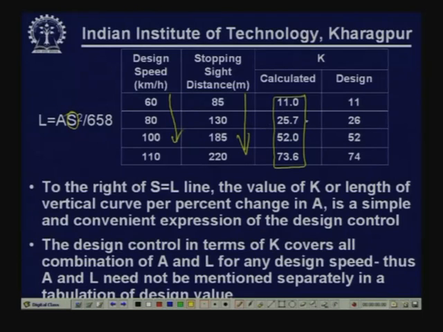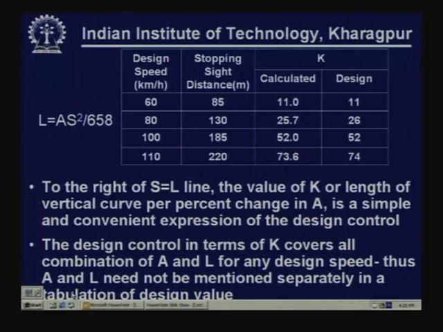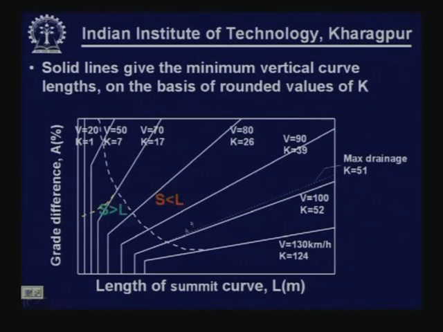Now, these values are rounded off. For example, 25.7 is rounded off to 26, and 73.6 is taken as 74. So, using these rounded values of k, these solid lines are drawn.